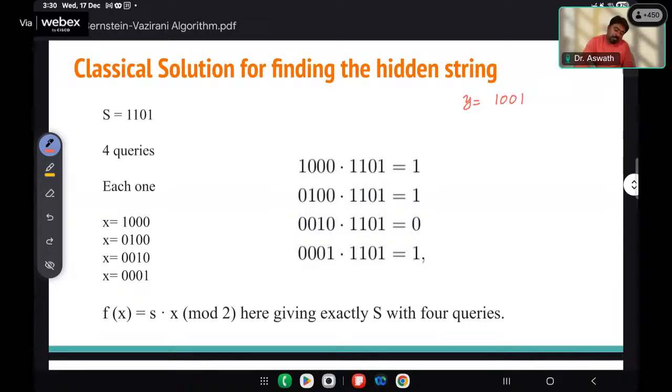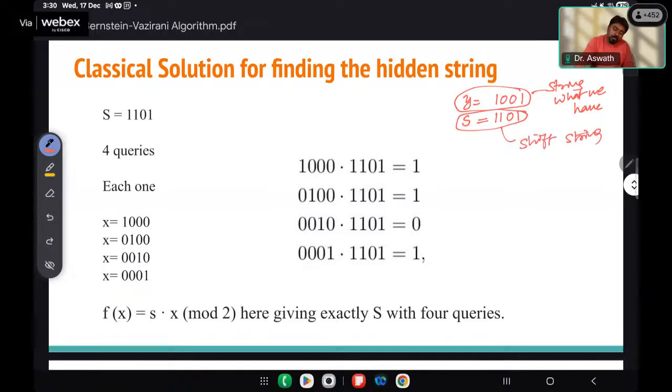What is that shift? The shift is s, and s is 1101. So this is the shift string, the string we have.